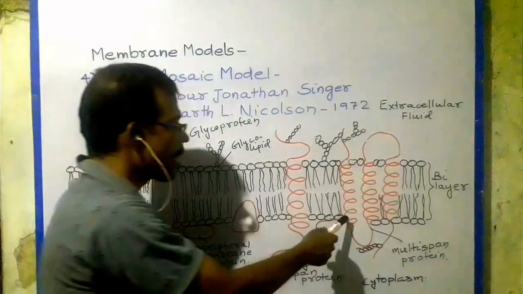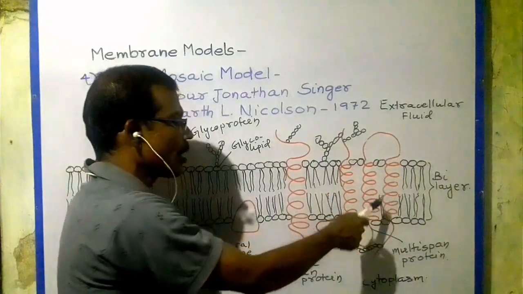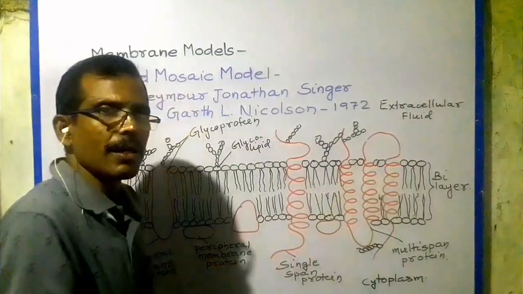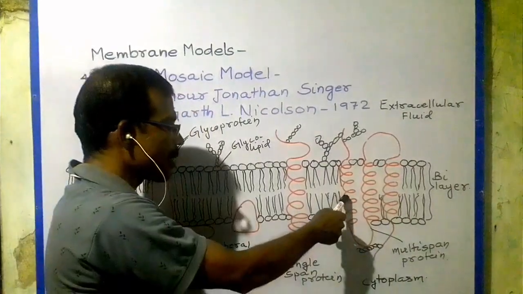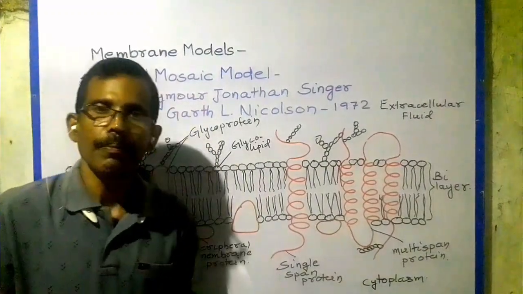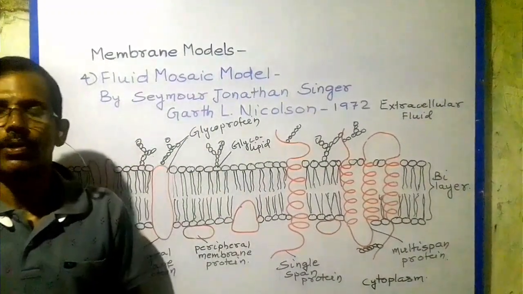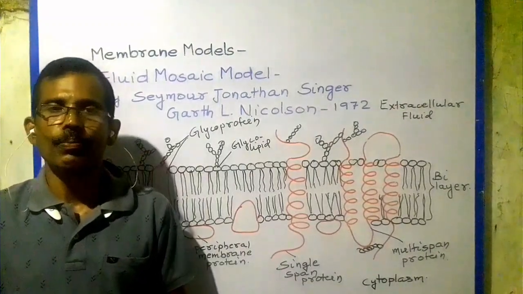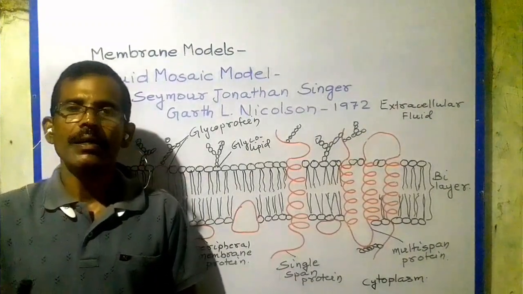Whereas there are other transmembrane proteins which span the lipid bilayer several times. Such types of transmembrane proteins are called multispan proteins. And the transmembrane proteins can be divided into two different groups, alpha helix and beta barrel.